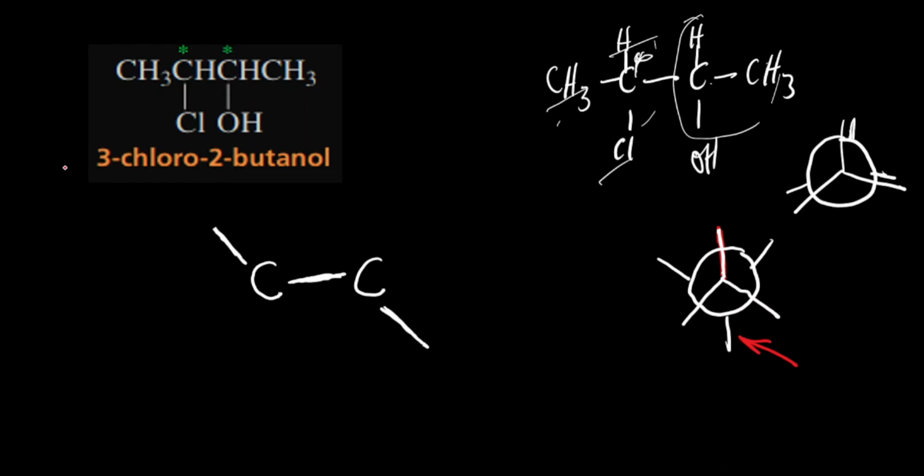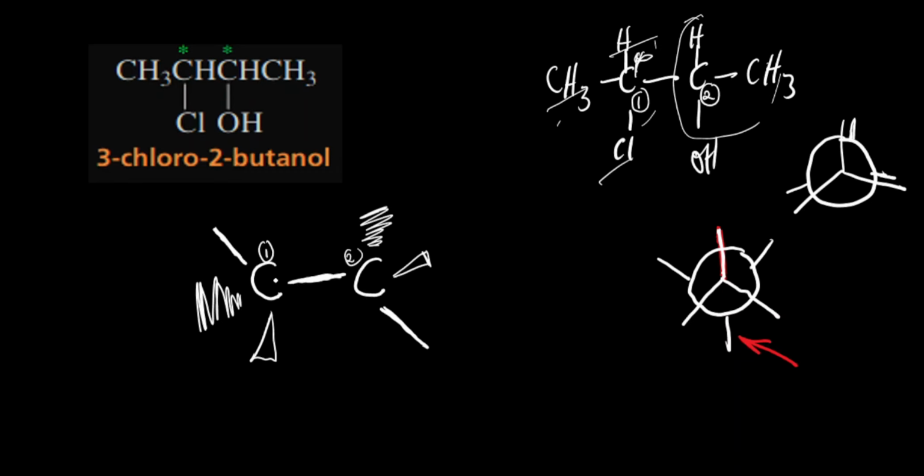Now let's attach our wedges. So we have our dashed wedge and our solid wedge. We have here a dashed wedge and a solid wedge. As usual, the two solid lines must be adjacent and the two wedges must be adjacent. Okay, now let's take this to be carbon 1 and this to be carbon 2, and let's take this to be carbon 1 and this to be carbon 2.